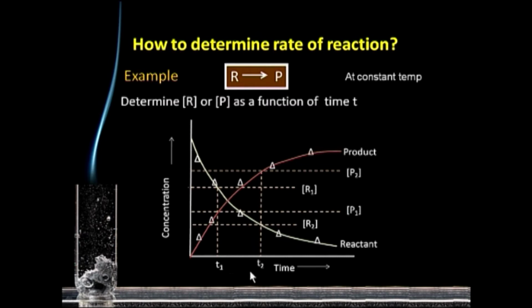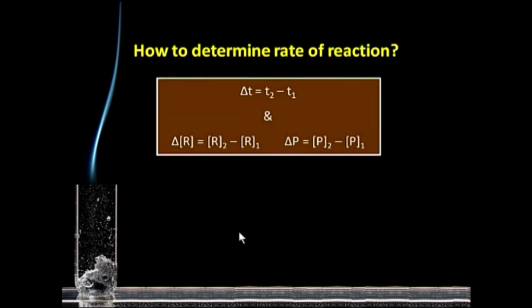time t1, and after a sufficiently long period, say t2, you find out the concentration of the two, and then work out the time difference t2 minus t1, and what is the change in concentration that has occurred during this time period.